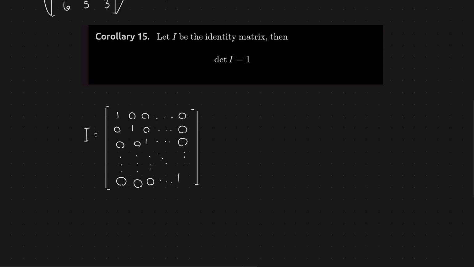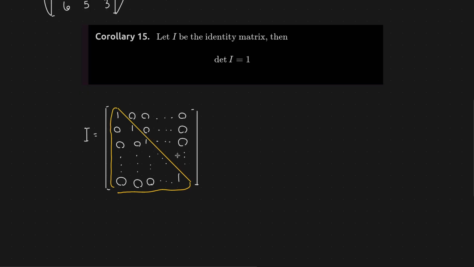Notice what that means. That means that the identity matrix is a lower triangular matrix. Everything above this triangle is zeros. The only non-zero elements are in this lower triangle.